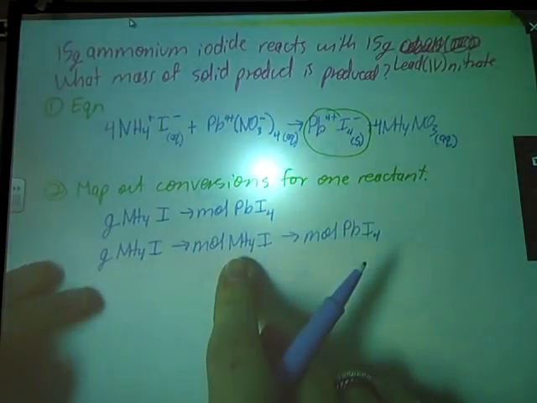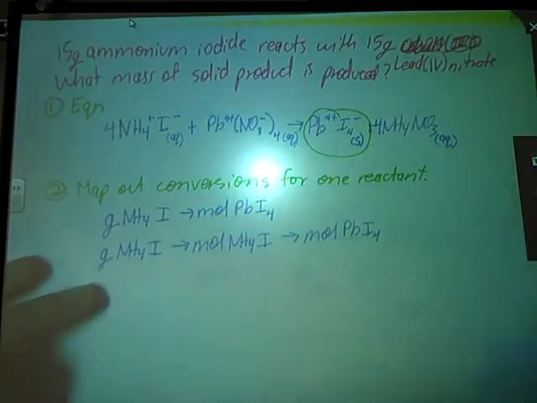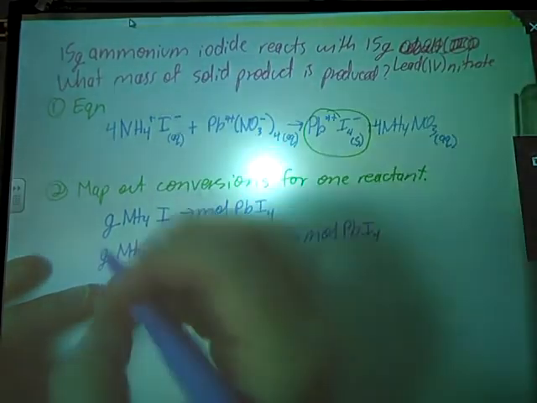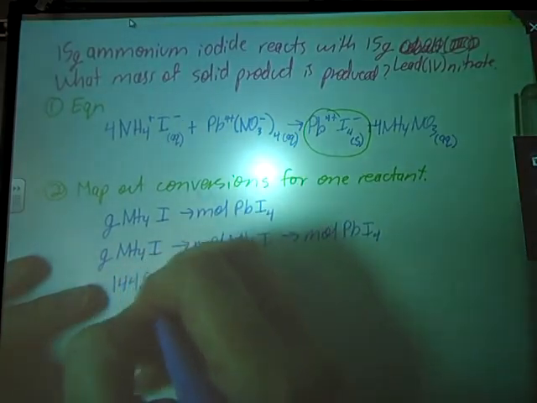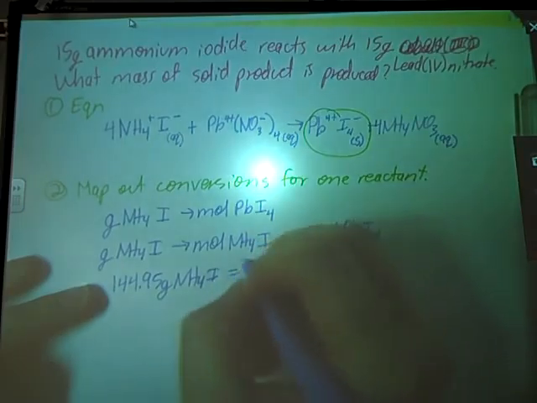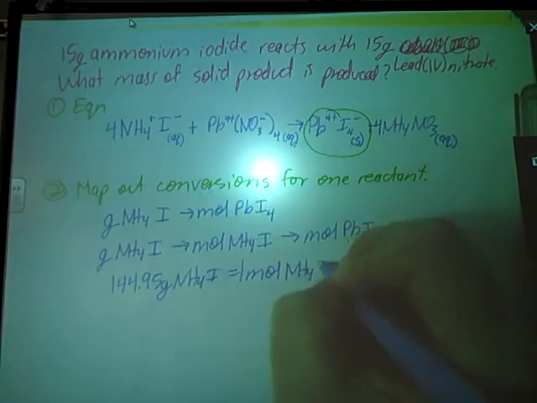Grams to moles requires the formula mass. So the formula mass of ammonium iodide, let's see, we have 1 ammonium, we have 4 hydrogens, and we have 1 iodide, 126.9. So 144.95 grams of ammonium iodide per 1 mole of ammonium iodide.